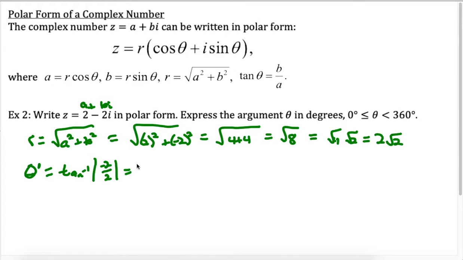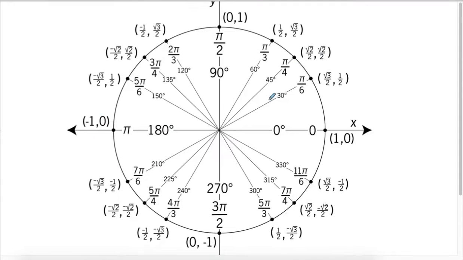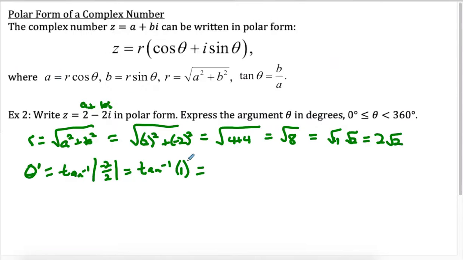Since we're taking the absolute value, this reduces to negative 1, but the absolute value of that would be positive 1. So the inverse tangent of 1, we can put in the calculator, or think about where on the unit circle tangent equals 1. That occurs at an angle of pi over 4, because square root of 2 over 2 over square root of 2 over 2 would be 1. We want it in degrees here, so this occurs at a 45-degree angle.